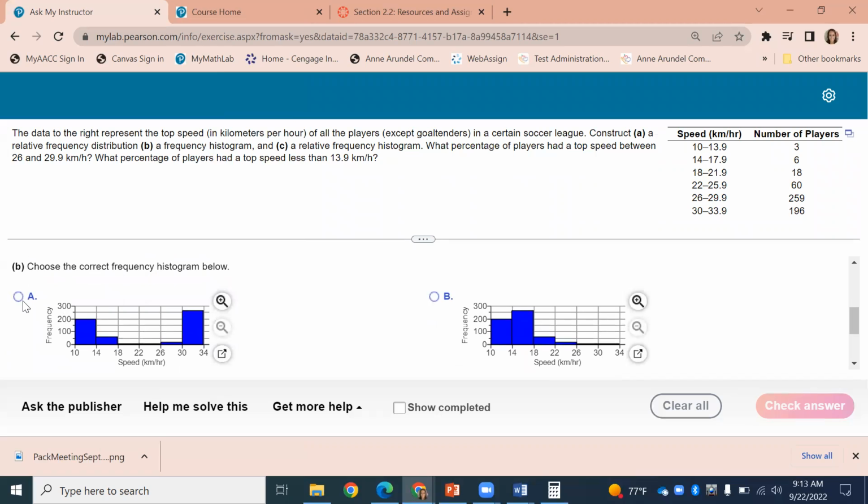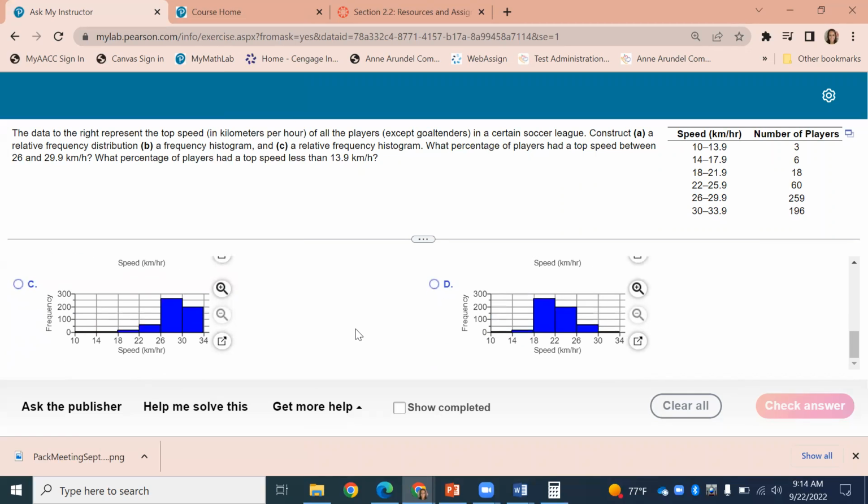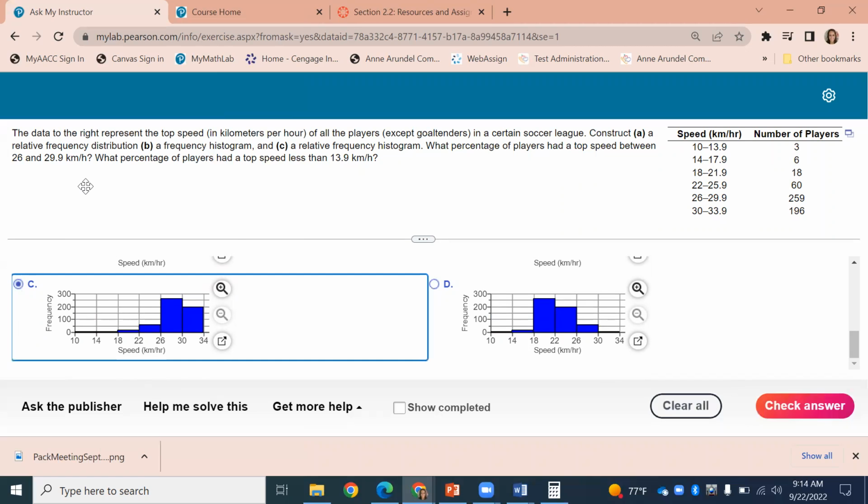Okay, so just looking through these options, A and B both have, they're matching up the classes like 10 to 14, 14 to 18. That's what our table shows as well. And that's not where our highest bar should be. Our highest bar should be between 26 and 30, and then after that 30 to 34. So just from looking at that alone, you could pretty much pick which option is the best one.